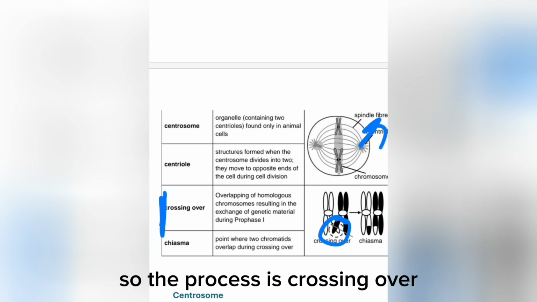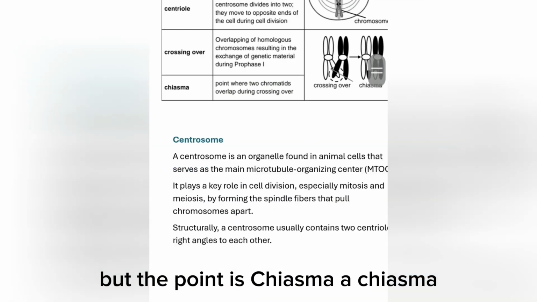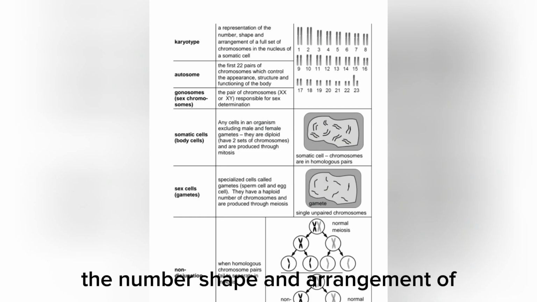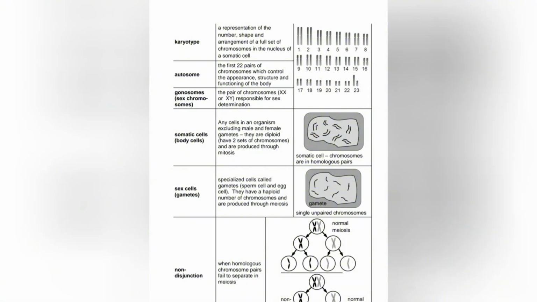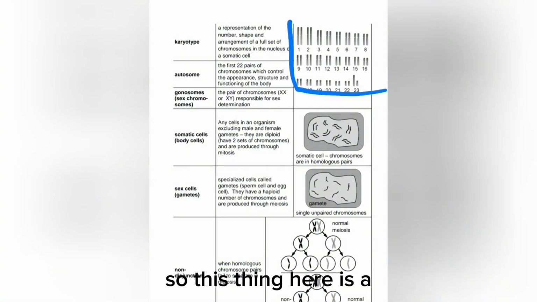So the process is crossing over, but the point is chiasma, however you like to pronounce it. Then karyotype is a representation of the number, shape, and arrangement of a full set of chromosomes in the nucleus of a somatic cell. So this thing here is a karyotype.